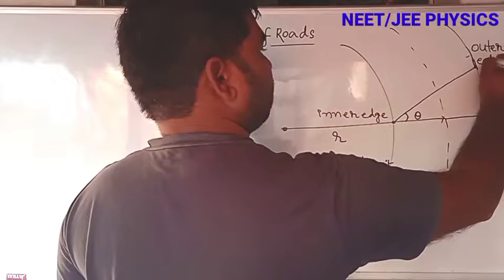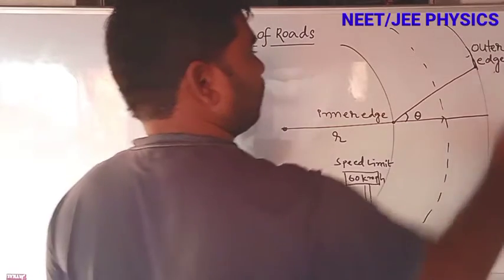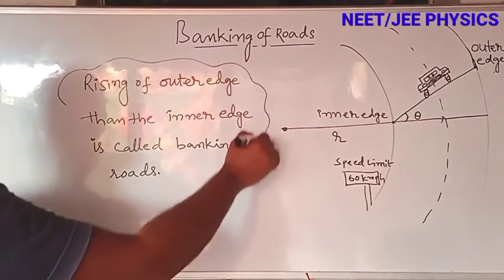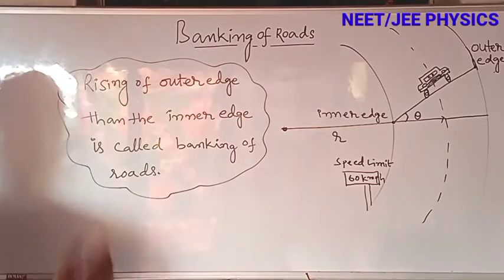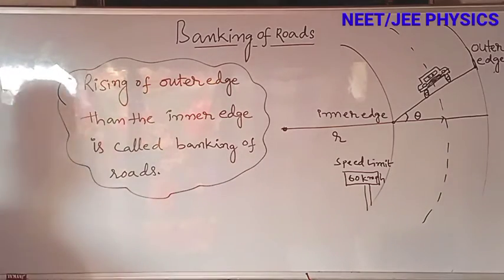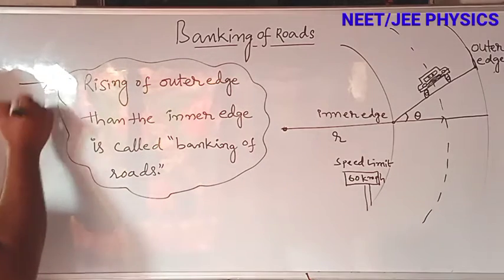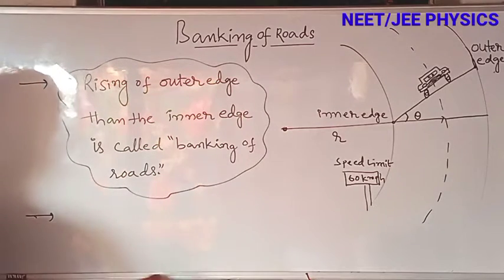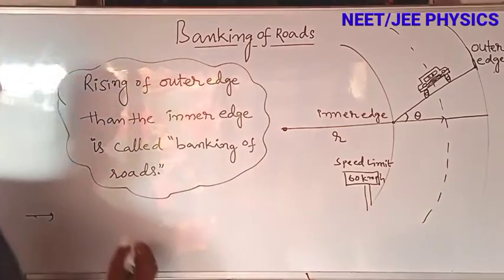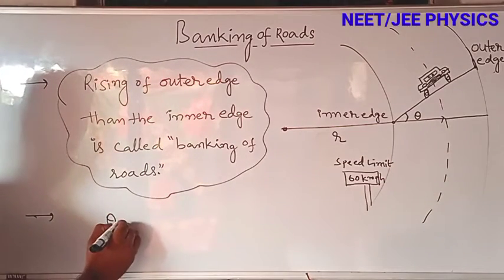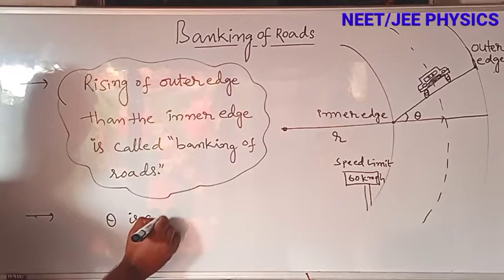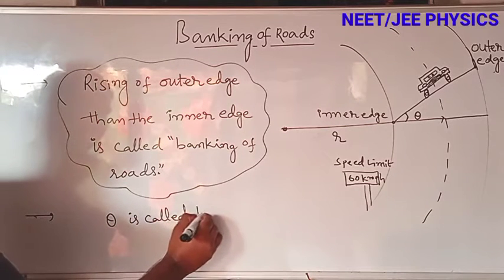Now what is meant by banking of roads? Rising of the outer edge above the inner edge is called banking of roads. That means the outer edge you have to raise compared to the inner edge. Here theta is called the banking angle.